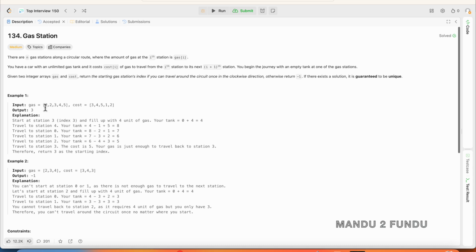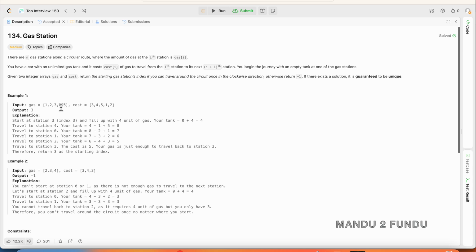So this is not a possible starting point. In the same way, at the second station, the available gas is 2 and the cost to move to gas station 3 is 4. So we cannot move because the available gas is less than the cost to move to the next station.